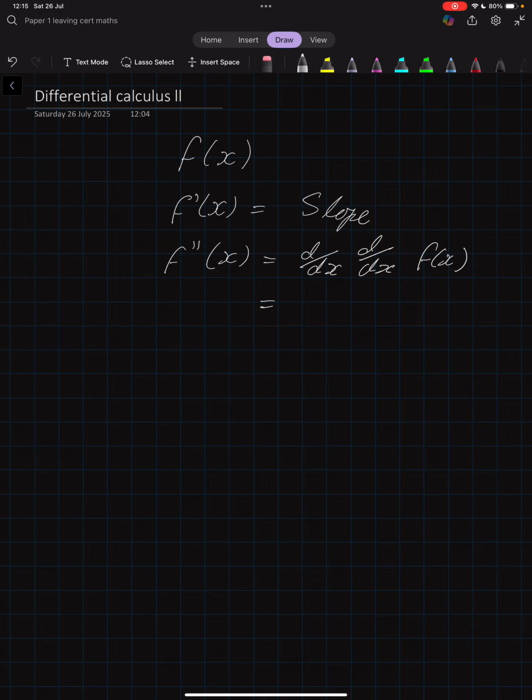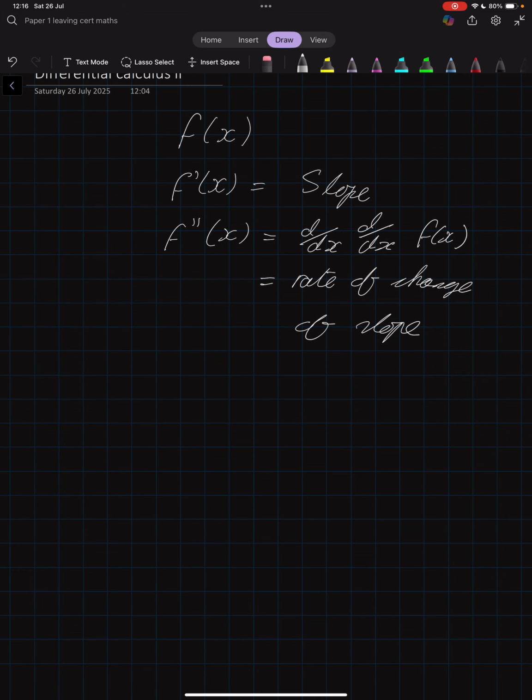What do you get? You basically get the rate of change of slope, and that'll come in handy in a while. But for now, that's all you need to know.